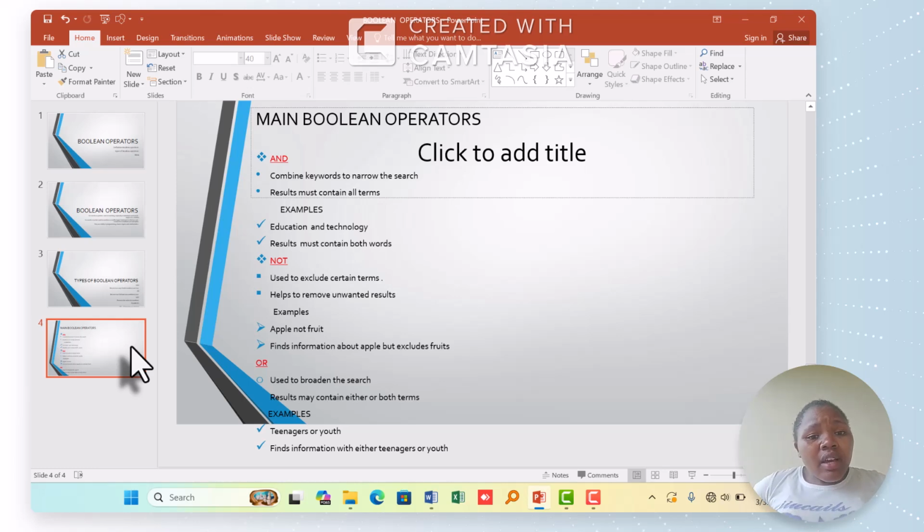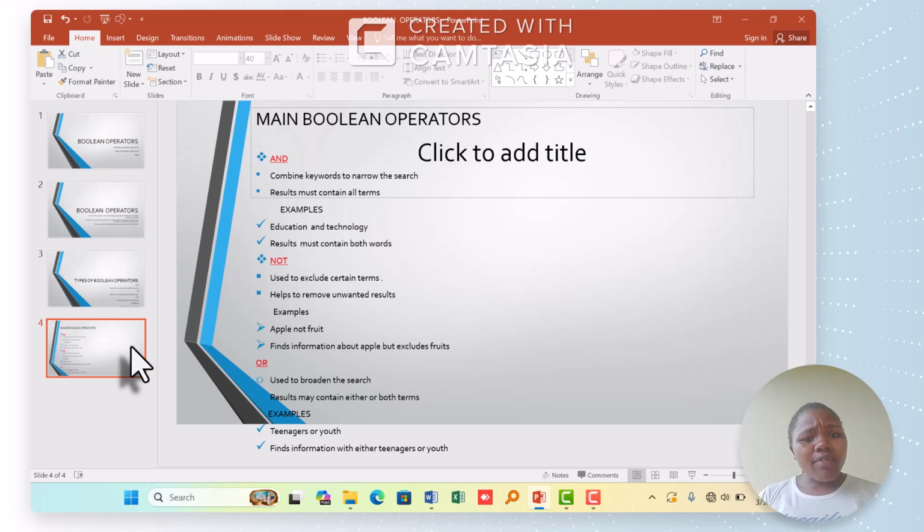If someone is talking about education and technology, instead of giving us two statements, taking two lines, someone could say education in the first line and technology in the next line. But now the importance of and gives us education and technology, meaning it has narrowed the search in your work. So you can easily use a small space.